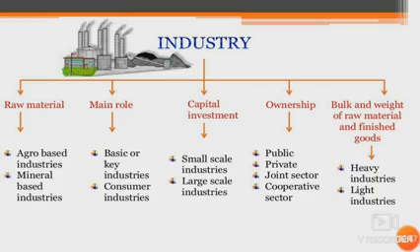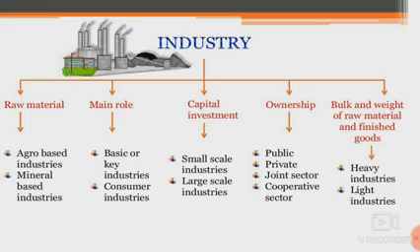Now we'll try to understand the different categories of industries that we have. Industries can be divided into different categories according to different criteria. On the basis of raw material, industries can be divided into agro-based industries and mineral-based industries.